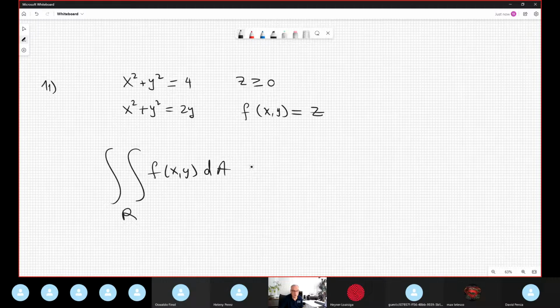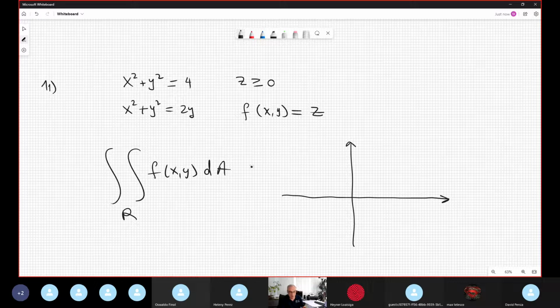So basically, the only thing I need to understand is the region R, because the function is hypothetical.